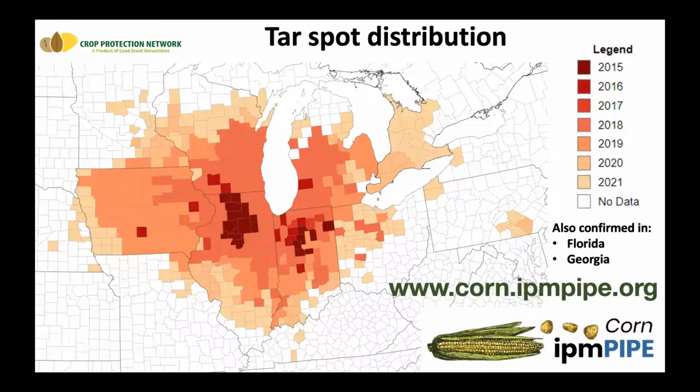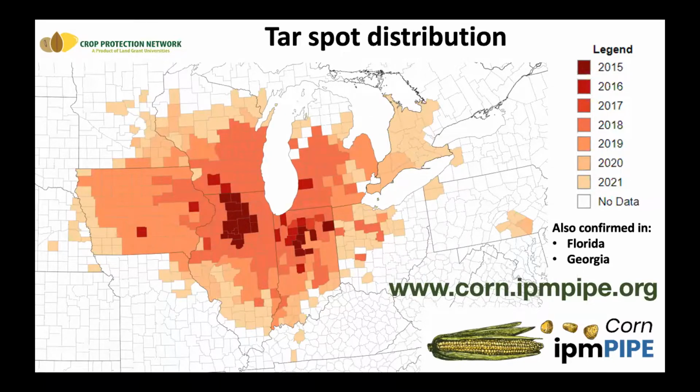So here is the current map at the end of the 2021 growing season. You can see that light beige color proceeding into New York State and Erie County.